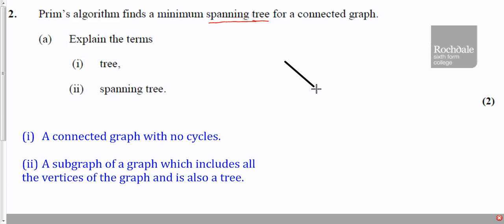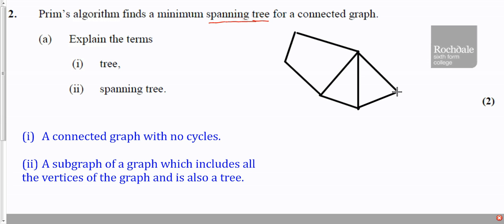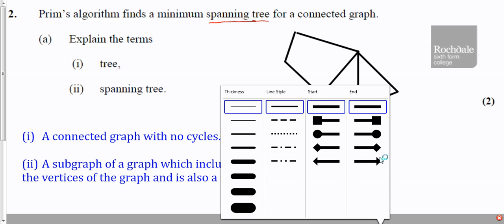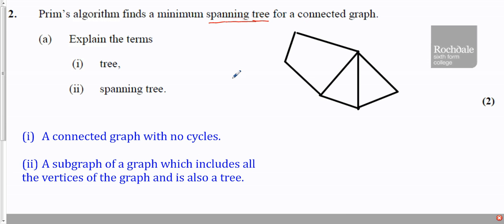I'm just going to quickly draw an example of a graph here. It doesn't have to be a tree. So this here has quite a few cycles in it. This is just an example of a graph. And I'm quickly going to put on some nodes. There we go. That's just an example of a graph.